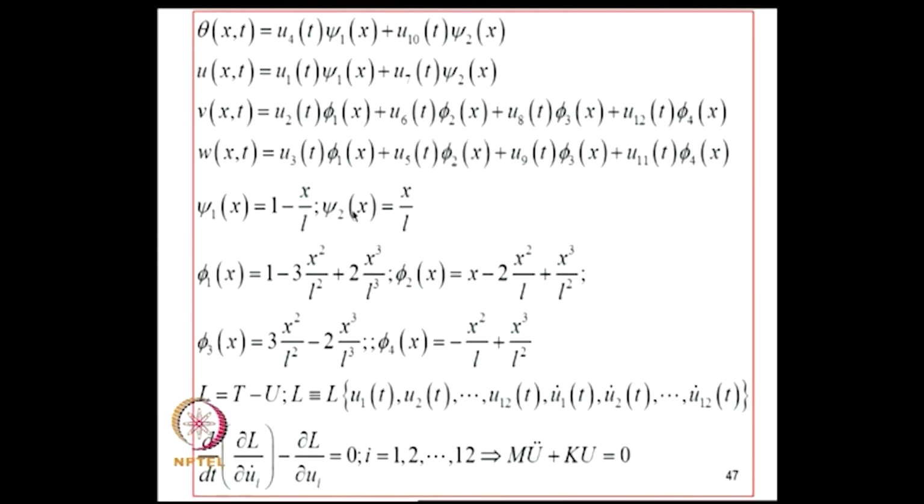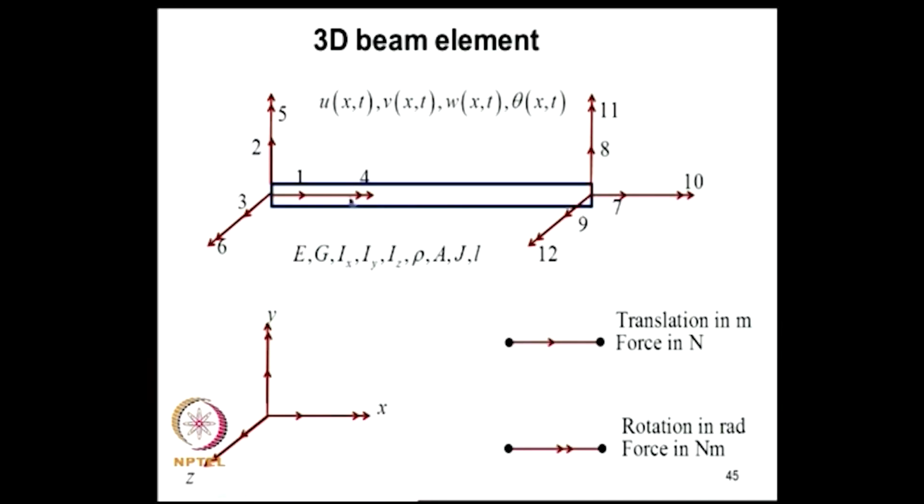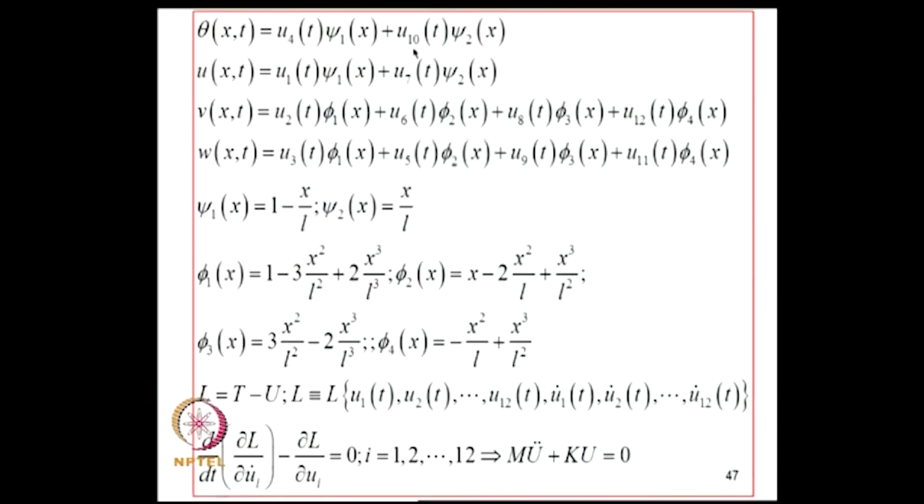For theta, it is 4 and 10, so I get u4 psi 1 of x plus u10 psi 2 of x. For u, which is axial deformation, u1 psi 1 plus u7 psi 2. For v, that is 2, 6, 8, 12, phi 1, phi 2, phi 3, phi 4. For w, it is 3, 5, 9, 11, again phi 1, phi 2, phi 3 and phi 4, where psi 1 and psi 2 are the linear interpolation functions and phi 1, phi 2, phi 3, phi 4 are the cubic polynomials.